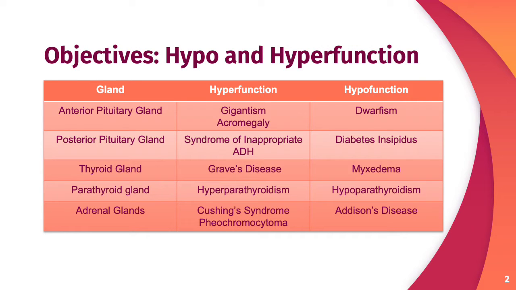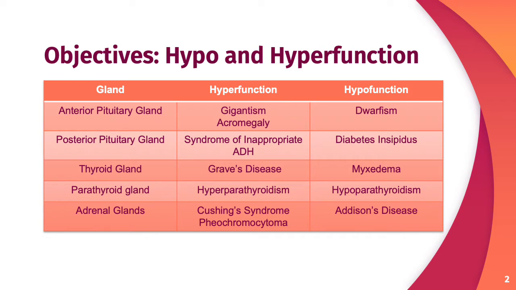Before we tackle the specific disorders, let us briefly look into our objectives. We are going to discuss the hypo and hyperfunction of the different glands of the endocrine system, and I will also briefly discuss the conditions along with their management.